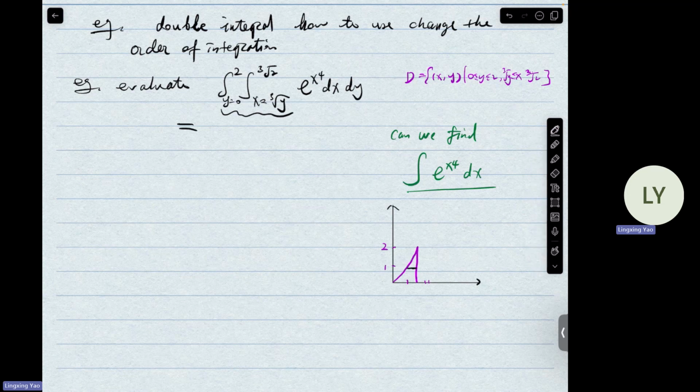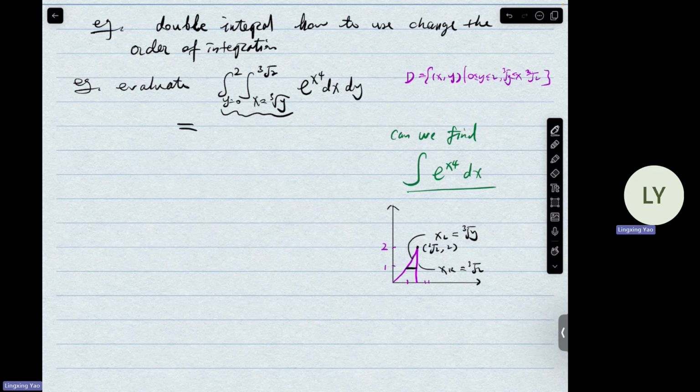We're integrating along each of those horizontal line segments, and the x left is cubic root of y, and here x right is cubic root of 2. Why is that? This point has coordinates x is cubic root of 2 and y is just 2.